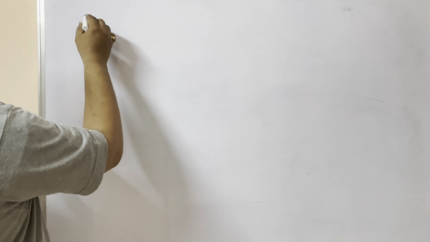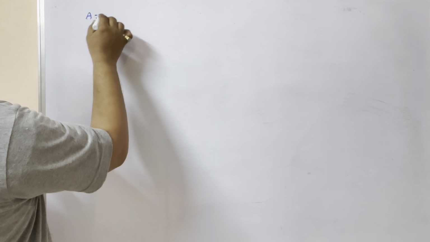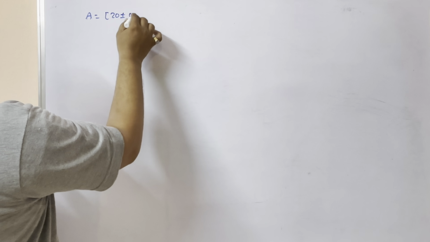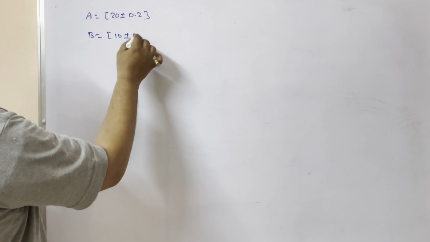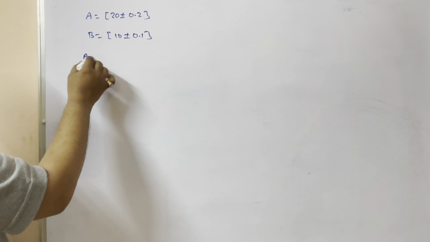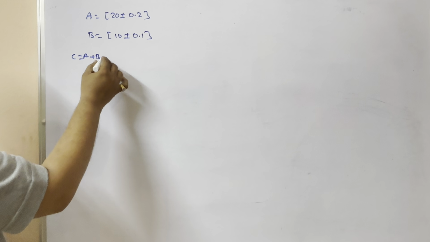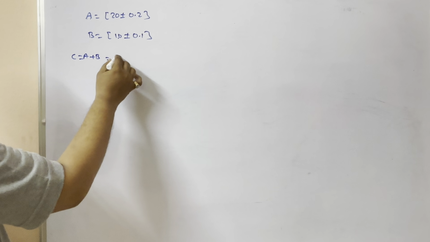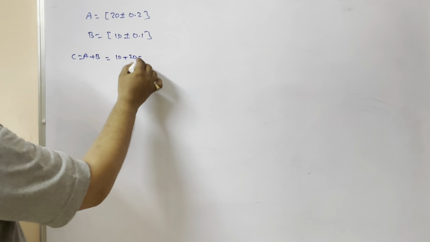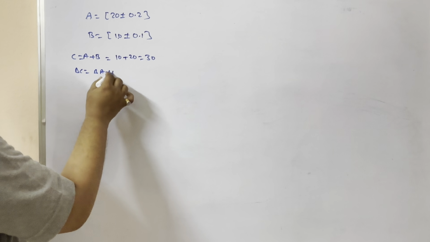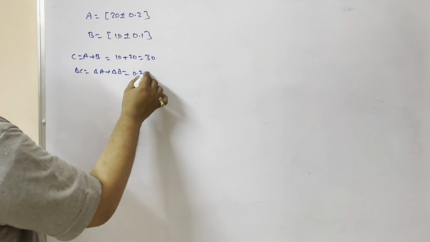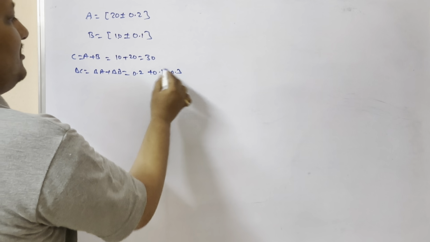Now, see how we are going to do calculations. If A is equal to 20 plus or minus 0.2, B is equal to 10 plus or minus 0.1, find A plus B. If C is equal to A plus B, 10 plus 20, that is going to be 30. Then what is delta C? Delta A plus delta B, 0.2 plus 0.1, 0.3.